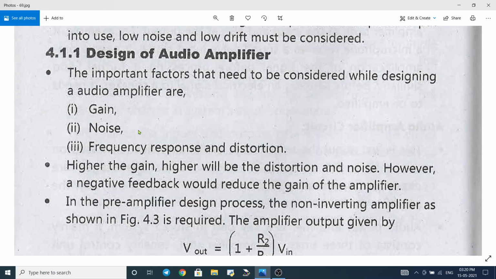Noise, this is also an important factor because it decides the quality of sound. We must reproduce the original and a pleasant sound without any unwanted noise or disturbance.